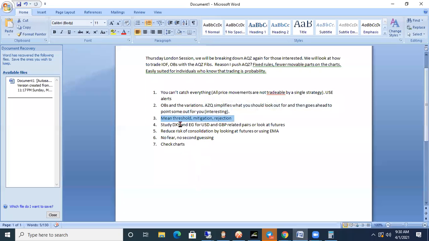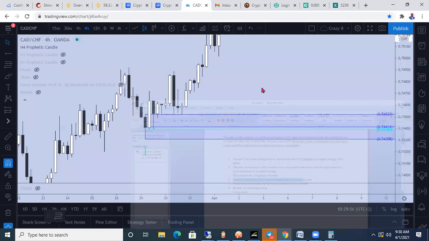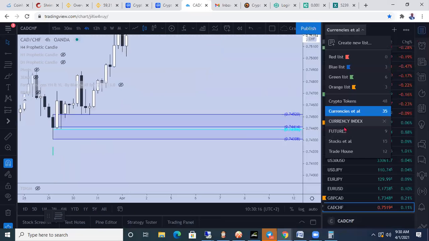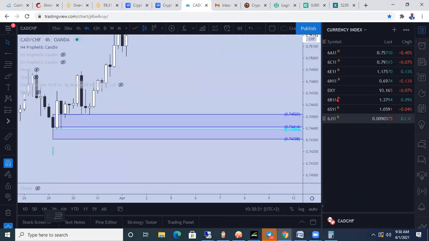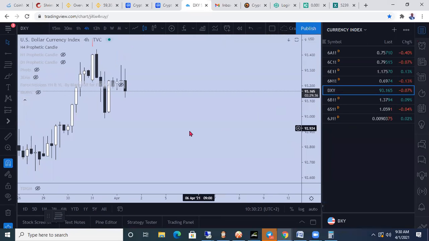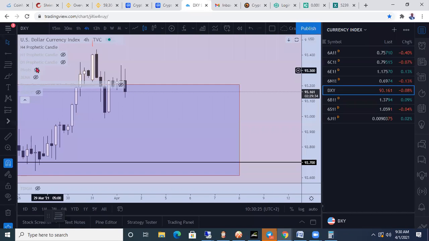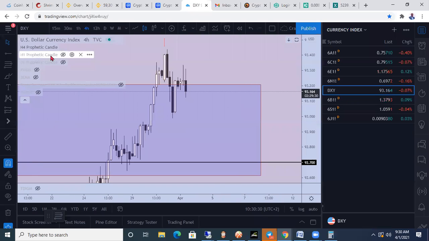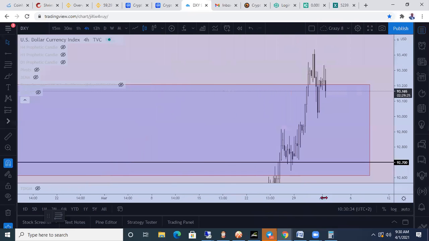Right. So I've explained mean threshold. Now I want to quickly state that you need to study DXY and if possible Euro GBP for USD and GBP related pairs, or you look at features. We've covered features in one of our sessions. Then we have the DXY. If you've been following Papa Pips, he does a lot with the DXY, and that's because he loves trading gold, right?